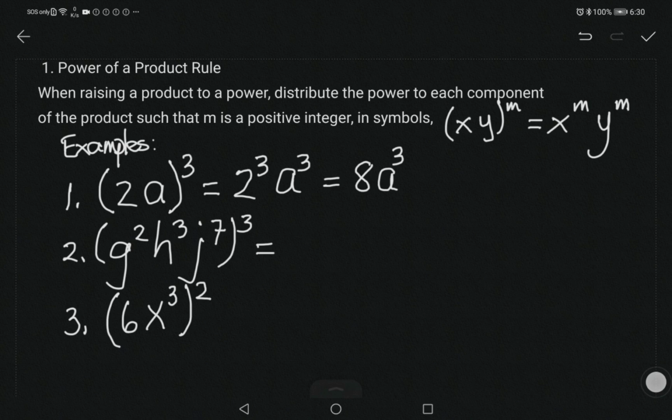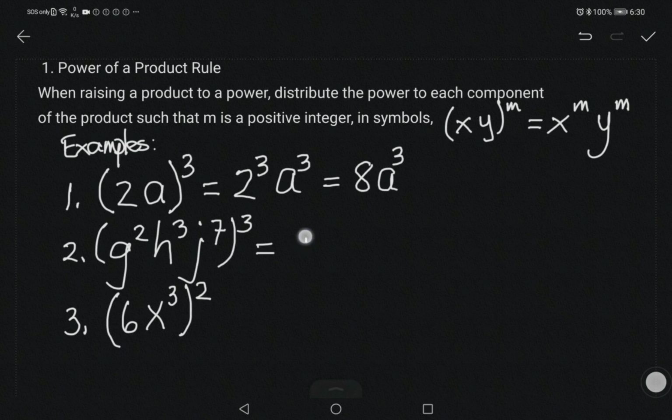Example number 2, (g squared h cubed j raised to the power of 7) raised to the power of 3. So we will simplify. We will distribute the power.